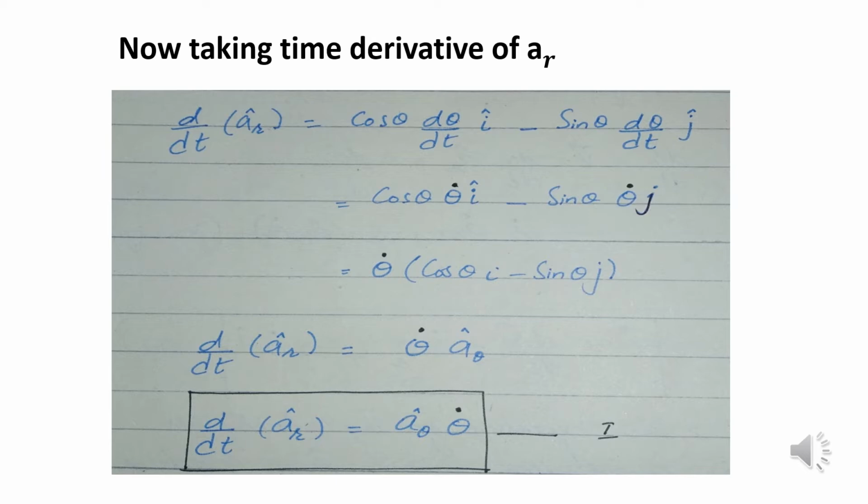So substituting this value in this equation we get d by dt AR unit vector is equal to theta dot A theta unit vector. Rearranging, d by dt AR unit vector is equal to A theta cap theta dot, and we will write that equation number 1.